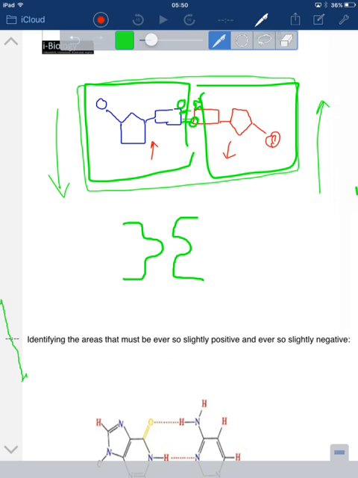What do I want you to take away from this? Well, first of all, to understand the hydrogen bond which is formed between two atoms which have a difference in charge due to electronegativity differences. And secondly, that the purine and the pyrimidine form an interlocking hydrogen bond arrangement because of their shapes and where the oxygens and the nitrogens are.